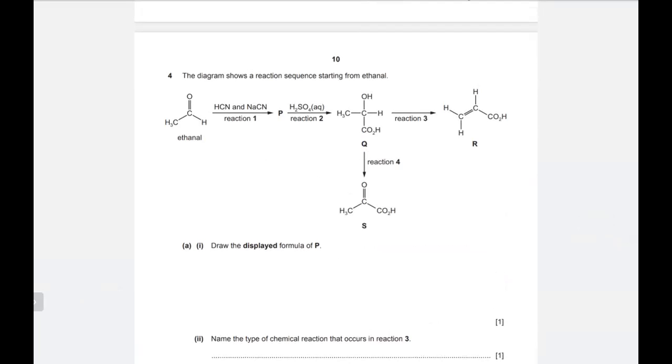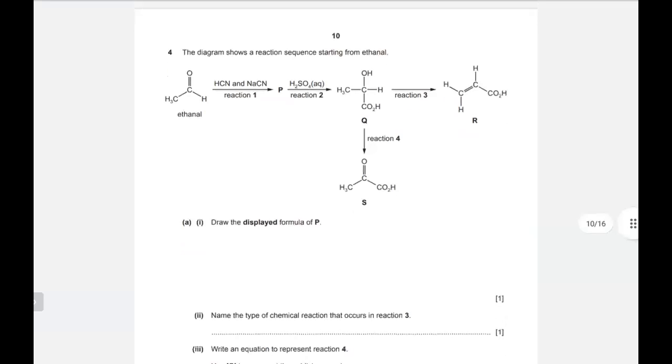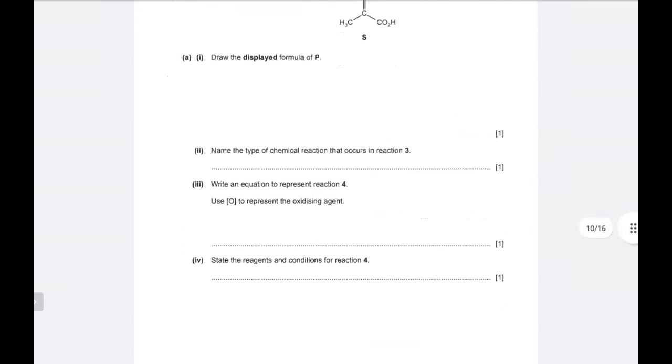In general, we call it dehydration, so both answers are okay. But if they ask the mechanism, don't say dehydration. The mechanism name is elimination. But they just ask the reaction, so dehydration is fine.